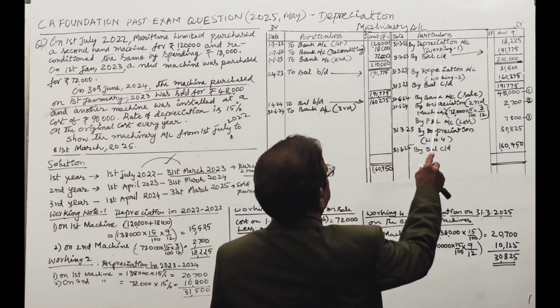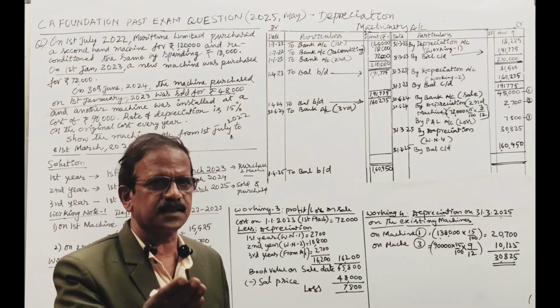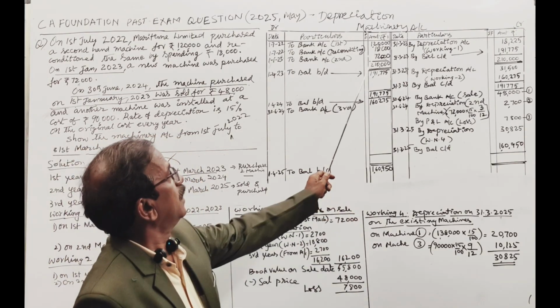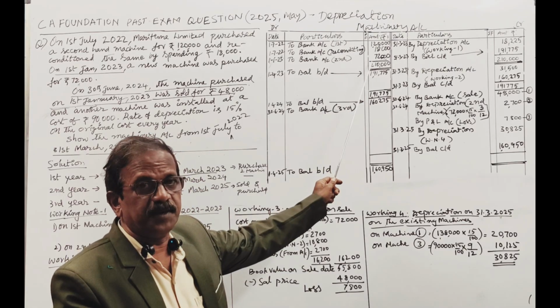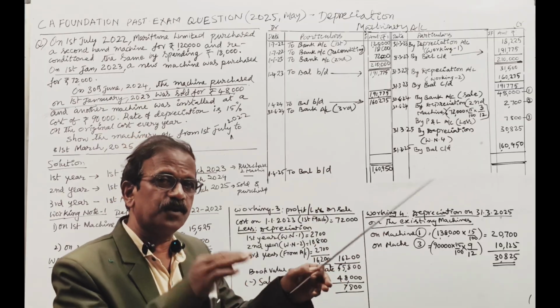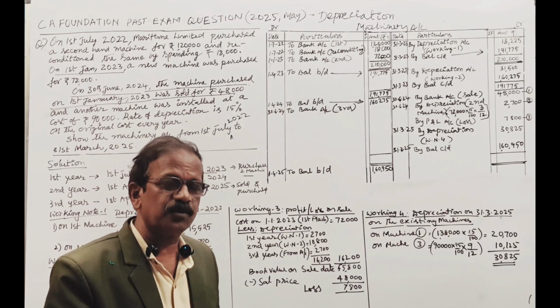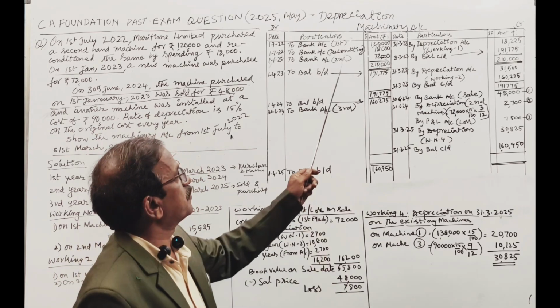So depreciation you should write on the credit side. Why is depreciation written on the credit side? When you are buying the machinery, you are debiting it. When you are using the machinery, depreciation arises and the machinery value comes down. When the machinery value is coming down, you have to subtract that depreciation from the machinery.